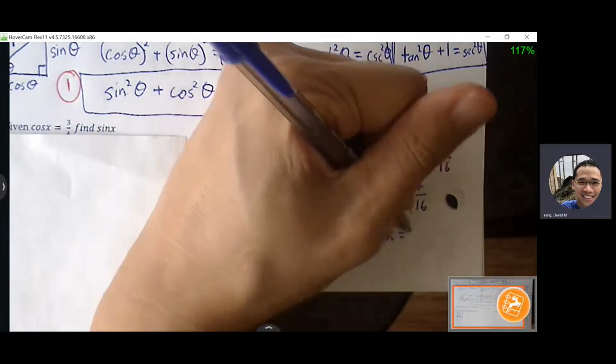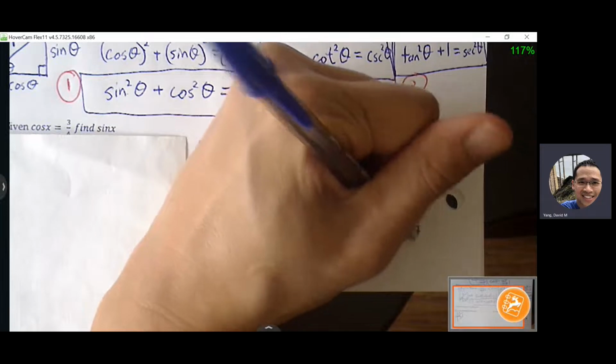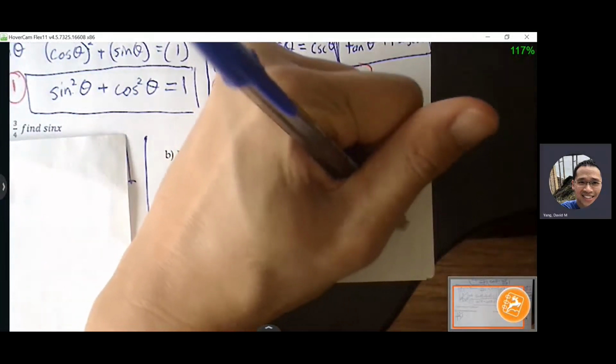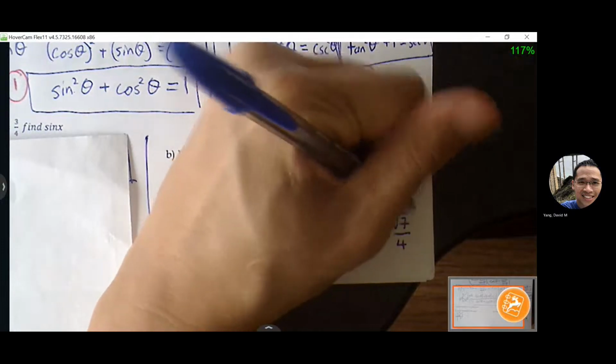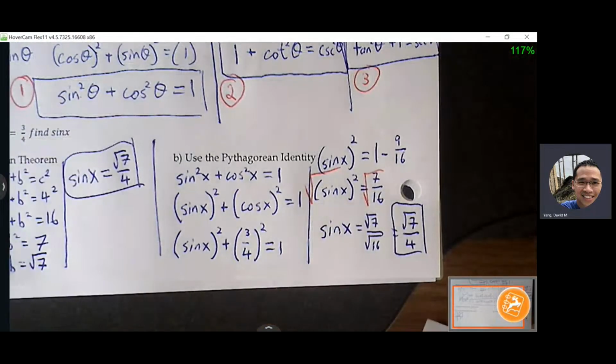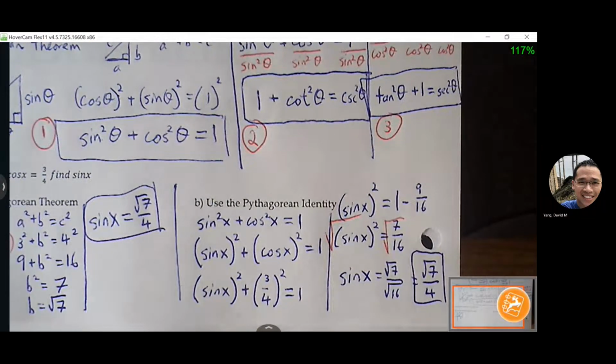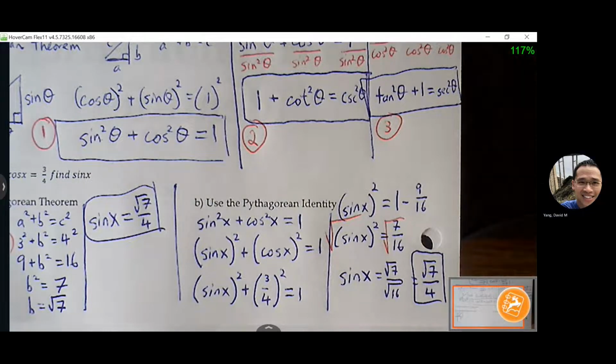So root 7 over 16, the same thing as root 7 over root 16, which is root 7 over 4. Just want to show that we can arrive at the same solution. Kind of getting introduced to the Pythagorean identity here.